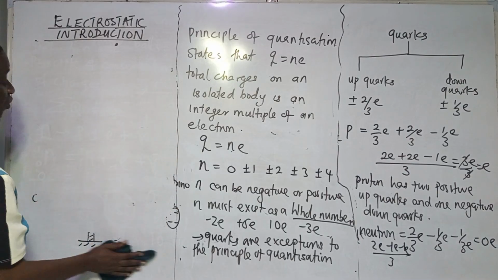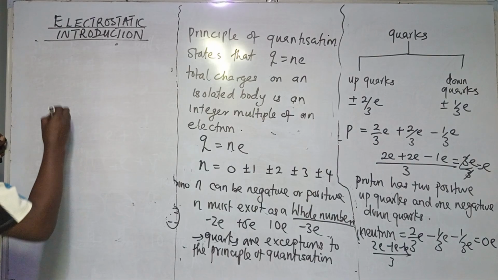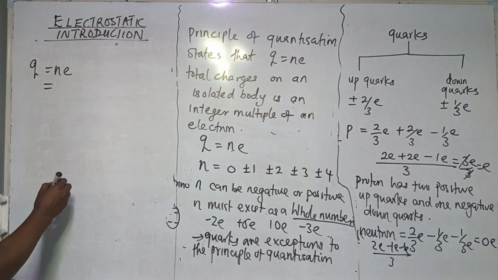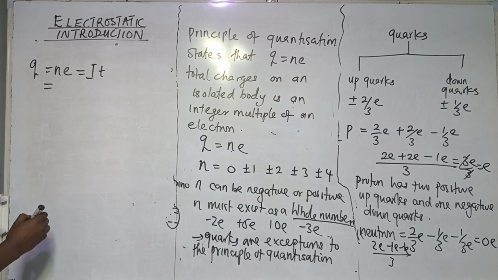We are going to come back for part 2, where we talk about Coulomb's law itself. So Q equal to Ne. Don't forget that Q can also be equal to IT, current times time.